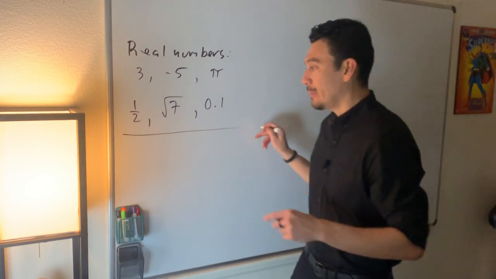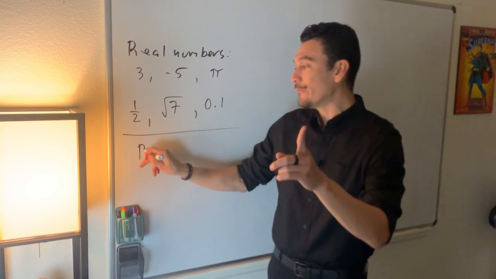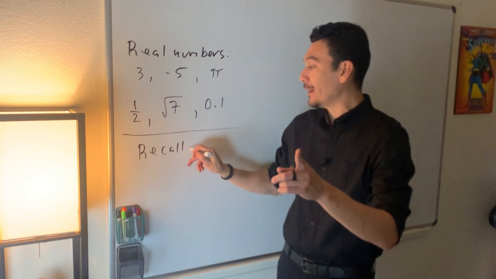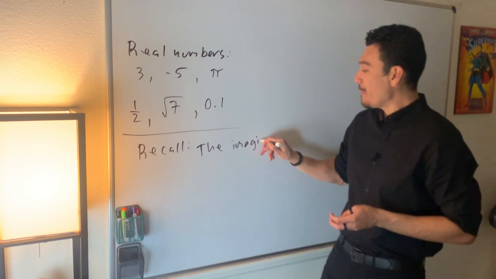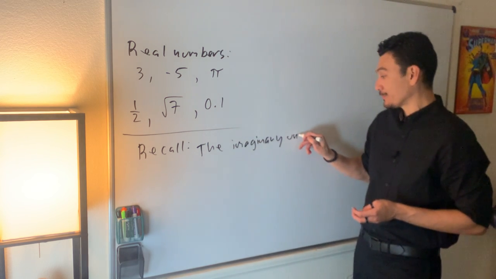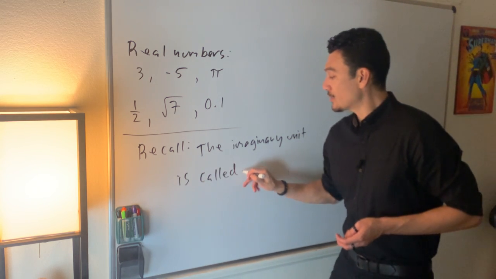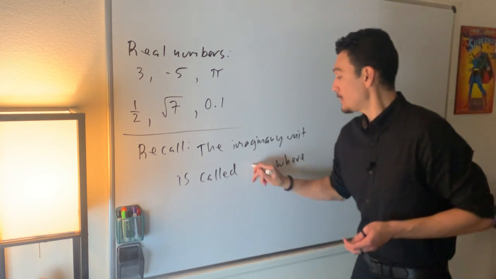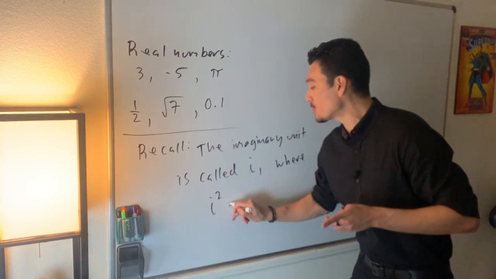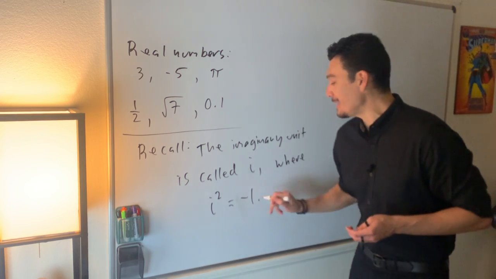Now, before we discuss other types of numbers, you have to remember something, a quick recall. Remember that the imaginary unit is called i, where i squared is -1.